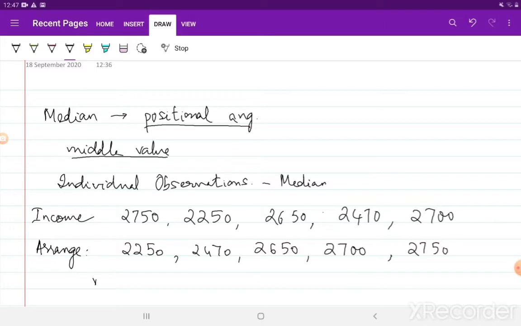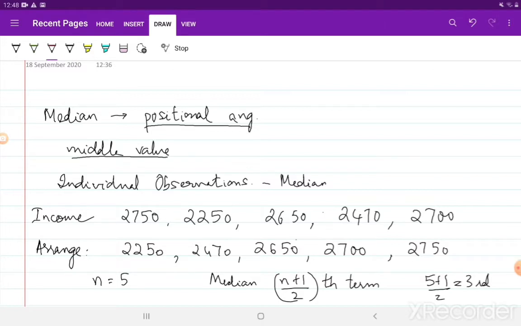Now the number of observations n is equal to 5. So the median will be the (n plus 1) by 2th term of an arranged series. So in this case it will be the 3rd term in the series, which means 2650 will be your median value.